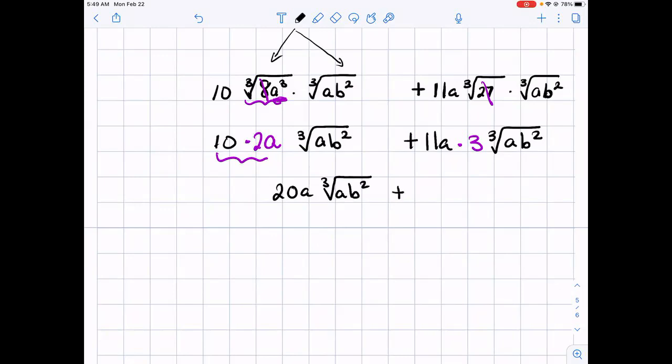plus 11 times, well, let's multiply it out. 11 times 3 becomes 33a, and we have the cube root of ab squared. The cube root of ab squared.